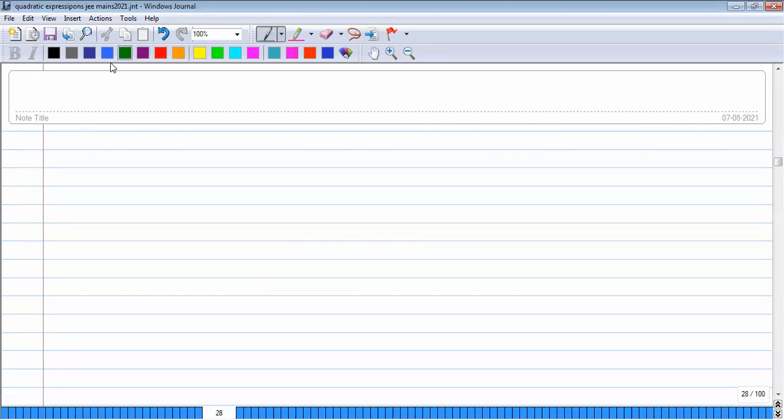So let us write down now. If 2 is less than x, x less than 5, that means x lies between 2 comma 5, then x square minus 7x plus 10 is negative, that is less than 0.